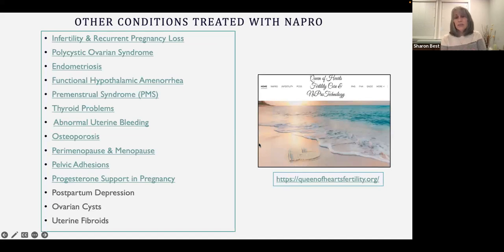So we treat pretty much any condition that is going to come into a GYN office. So we've discussed the first three. We also treat something called functional hypothalamic amenorrhea, which means that at the level of the hypothalamus, the gonadotropin releasing hormone, which is released in a pulsatile fashion, has been interrupted or completely stopped, and this woman completely loses her period and her fertility.